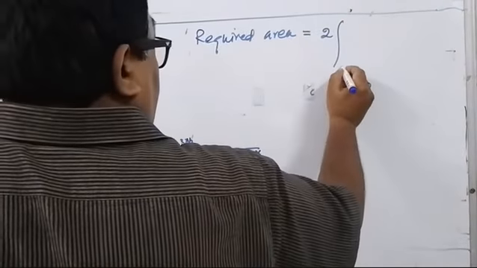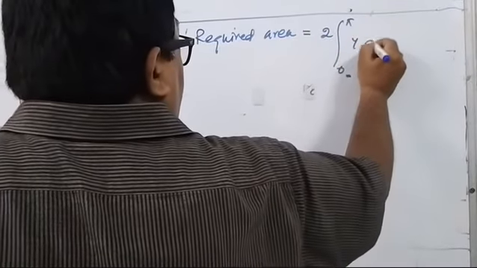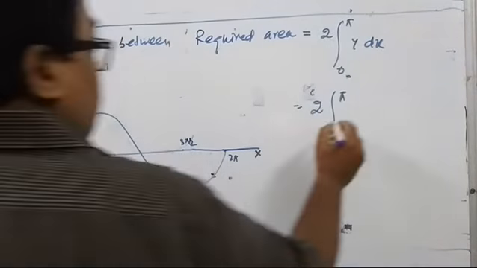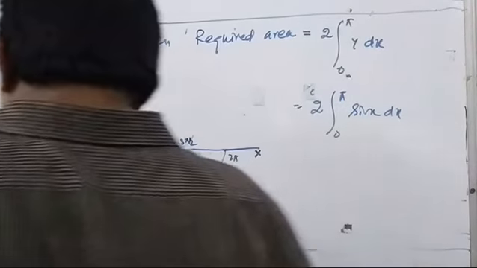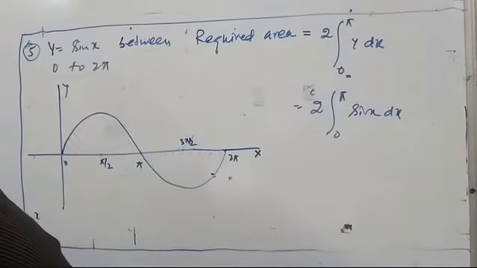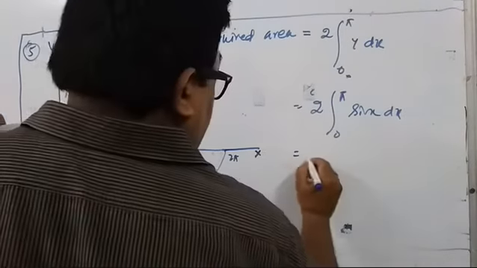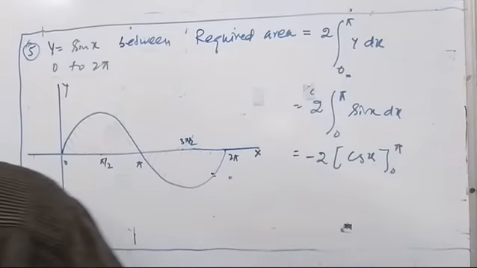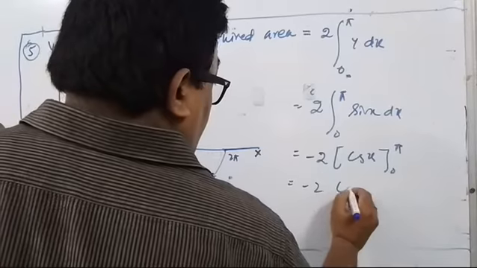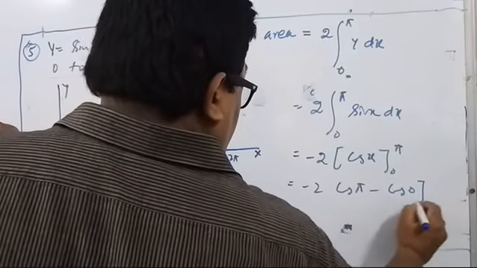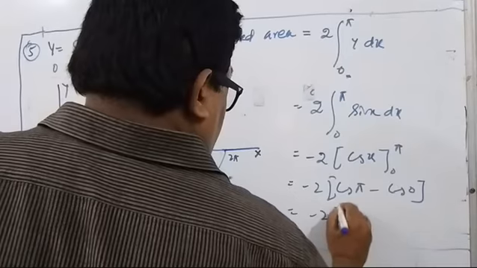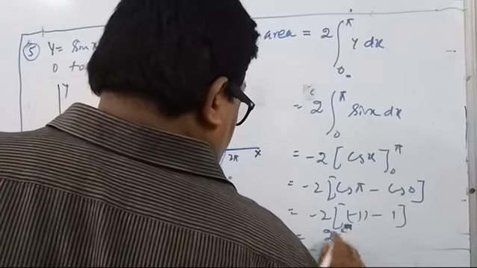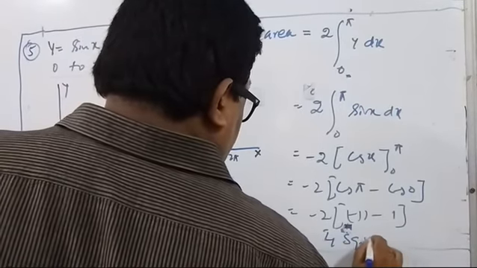Twice of the integral from 0 to pi of y dx, and the value of y is sin x, so sin x dx, and the integral of sin x is minus cos x, so minus 2 cos x from 0 to pi, cos pi minus cos 0, which is minus 1 and 1, finally 2 and 2, 4 square unit.